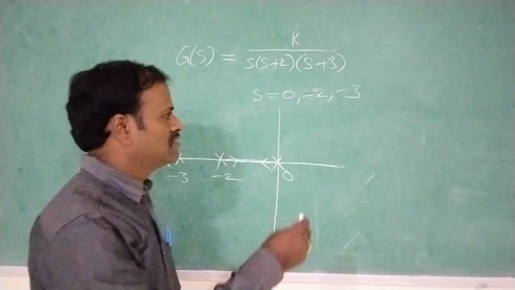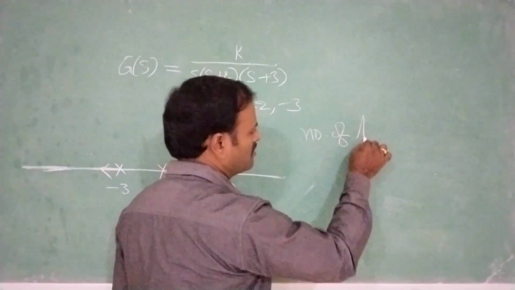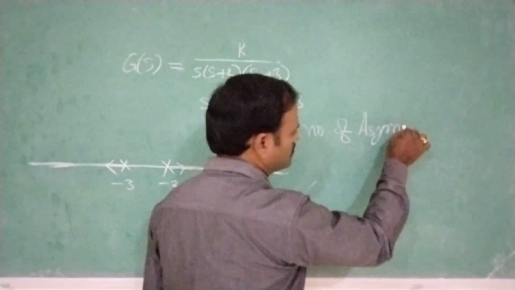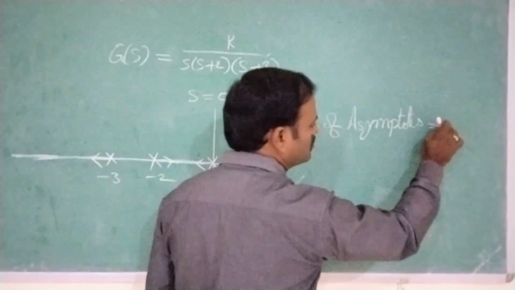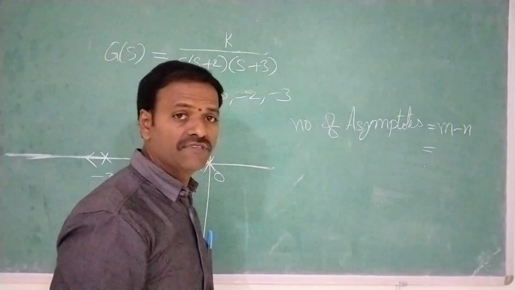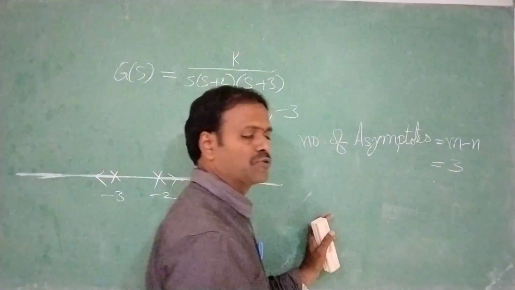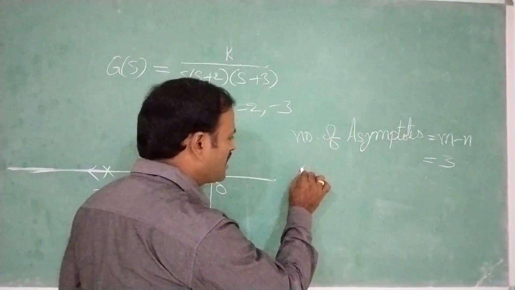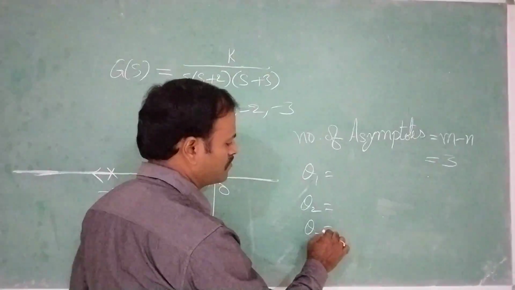The next point is, we have to find the asymptotes. First, let us find the number of asymptotes. Number of asymptotes is equal to m minus n, that is number of poles minus number of zeros. I have 3 poles and no zeros, so I will get 3 asymptotes, and their corresponding angles are theta 1, theta 2 and theta 3.